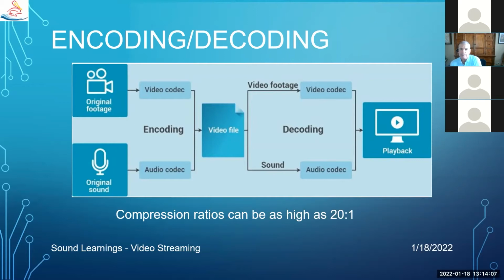So it has to put it back to the way it was originally when they sent it. And so you have to have that video codec, the code that allows it to decompress it and make it back into the movie or the sound or the combination of both, so it can play back on your device. Okay, that's called encoding and decoding.